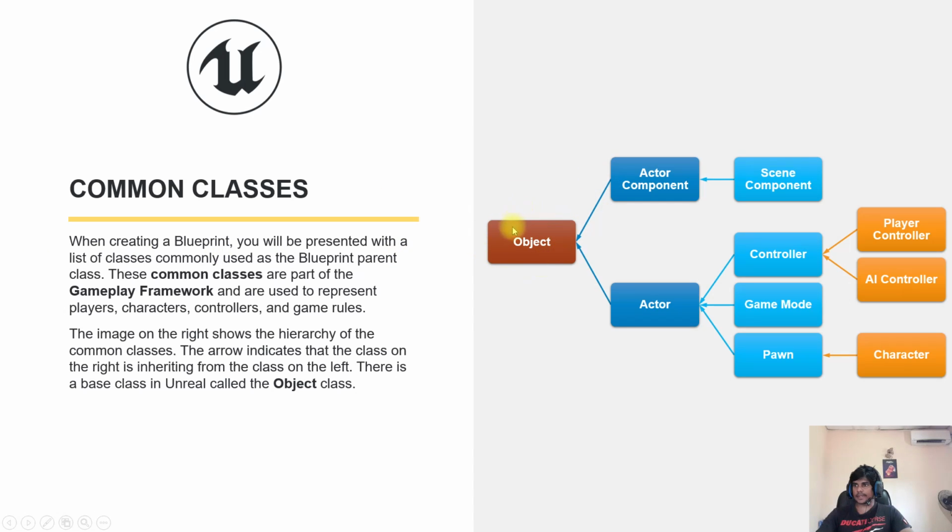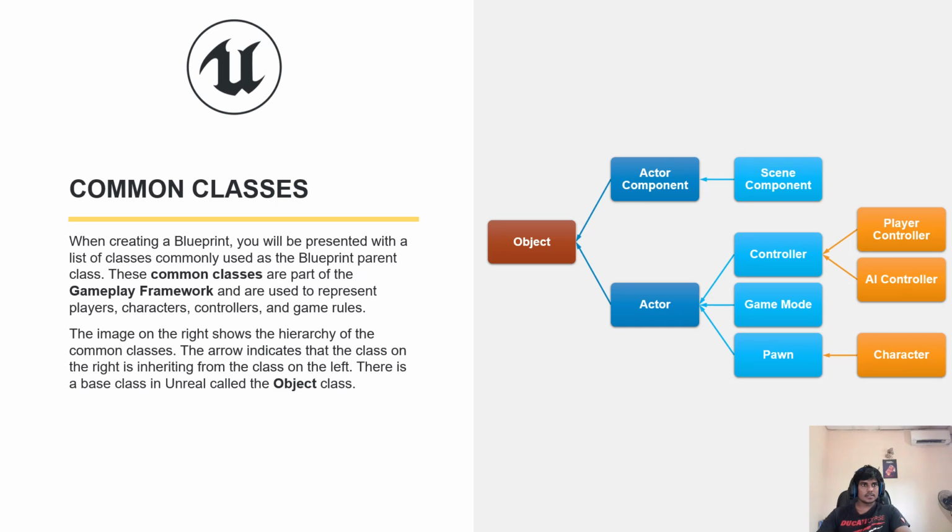Object is the main parent class, and from Object we have extended Actors and Actor Components, and from Actor Component we have Scene Component. From Actor we have Controller, Game Mode and Pawn. From Pawn we have Character, and from Controllers we have Player Controllers and AI Controllers.